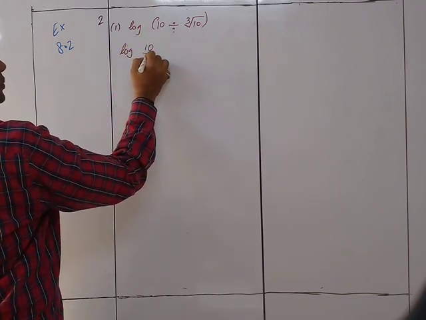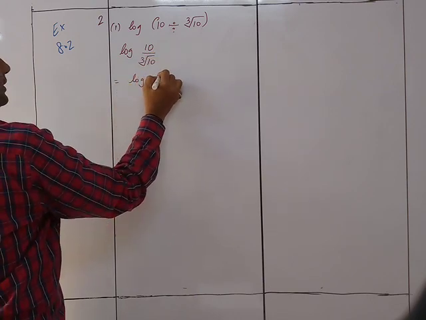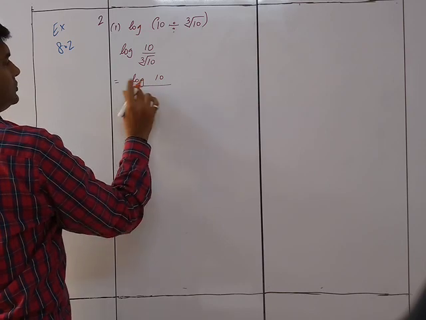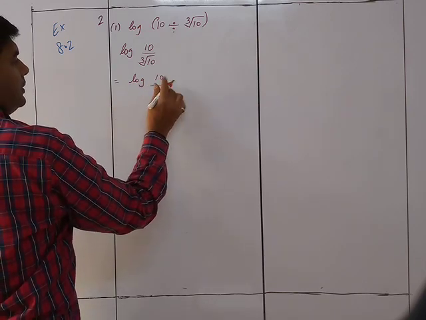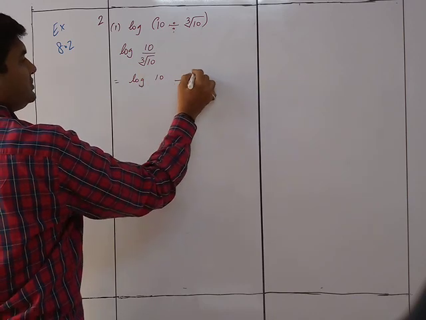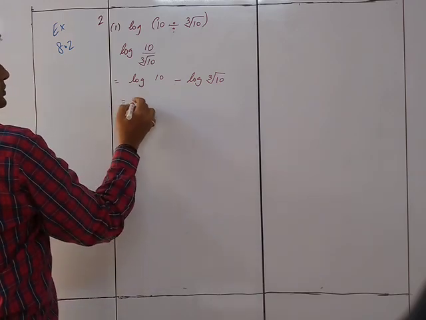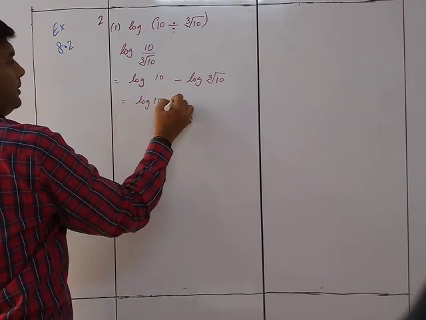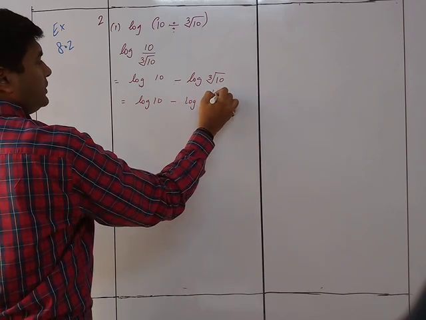upon cube root of 10 is nothing but log of 10 minus log of cube root of 10. So that is log of 10 minus, this is log of 10 raised to 1 upon 3.